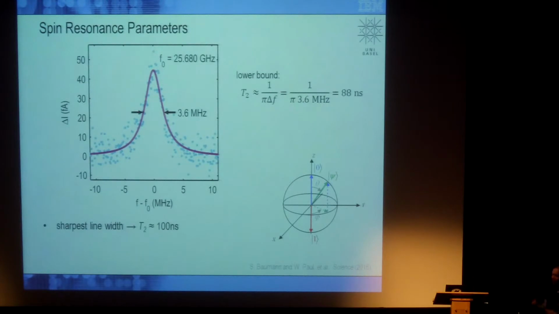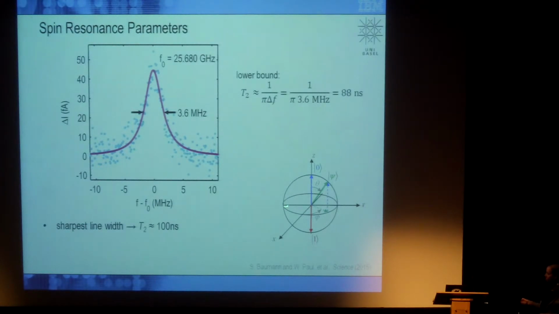Now I want to look a little bit more at the spin resonance parameters that we have. For example, here is one peak that we zoom in on that's at a center frequency of 25.7 gigahertz. When we have a low drive amplitude, this is a limit on the T2 time.